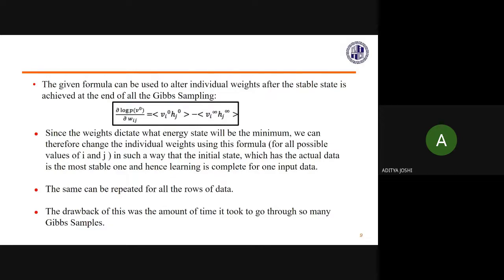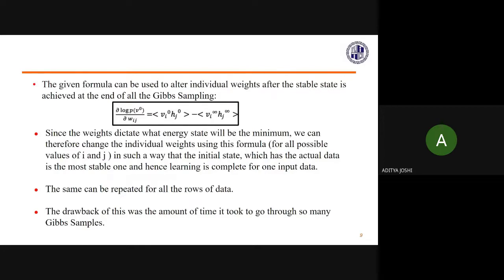So when we calculate the gradient of the initial state with respect to the individual weights, it turns out to be what's written on the right hand side, which is the initial state, the input state, Vi0 Hj0, minus the final steady state. What we're trying to do here is we want the initial state to be the stable state, and for that we'll have to change the weights.